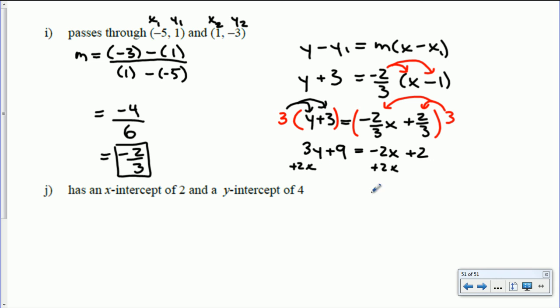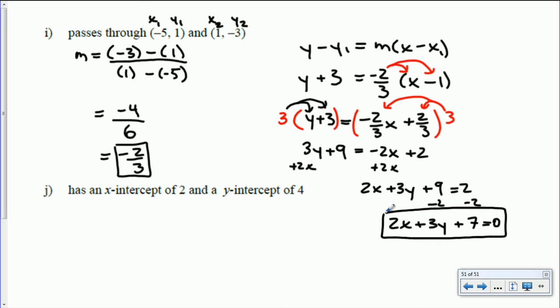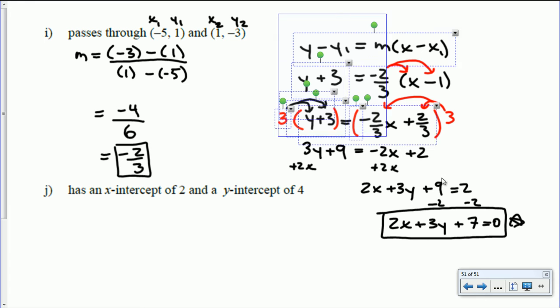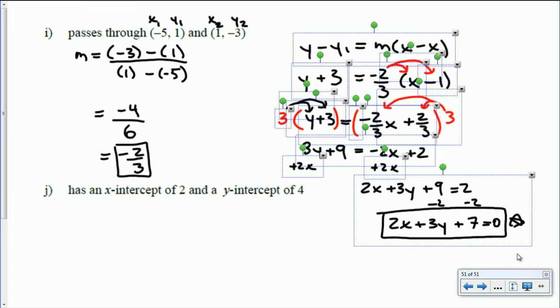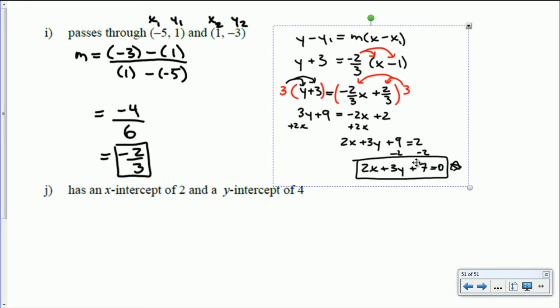Add 2x, so that would give us 2x plus 3y plus 9 equals 2, and then subtract 2, so that would be 2x plus 3y plus 7 equals 0. So that's 3i.